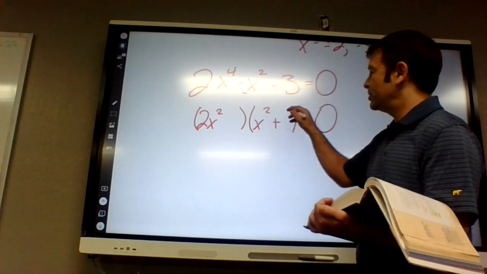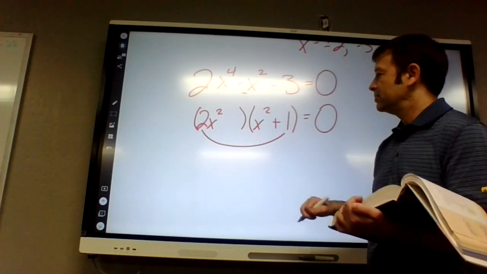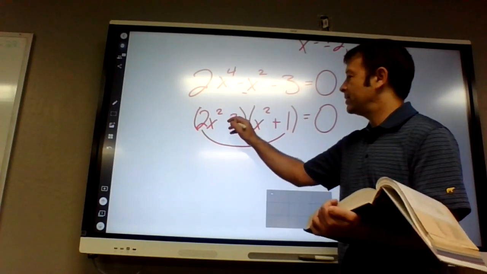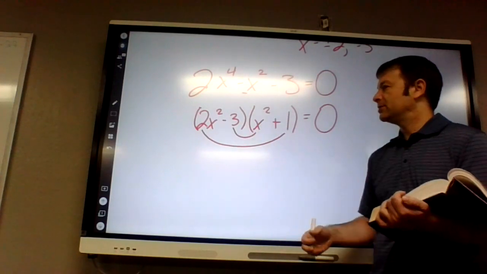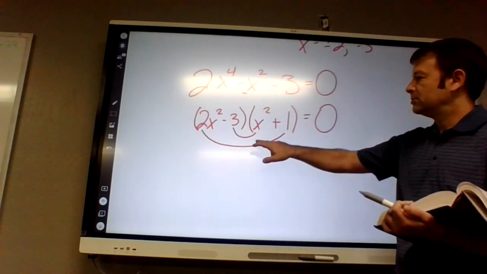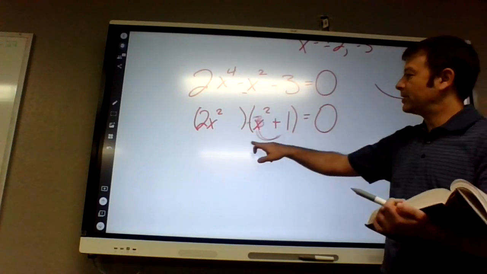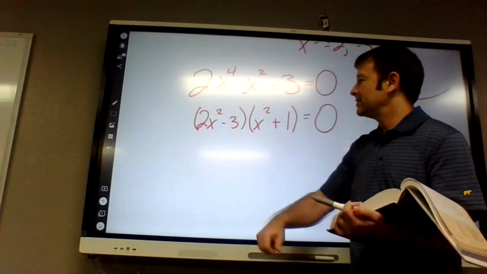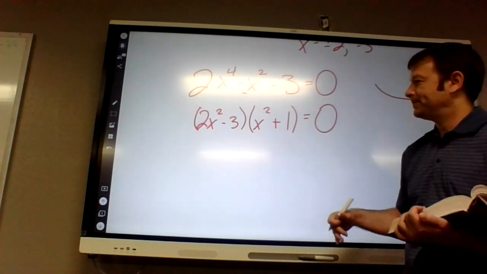So if I put the 1 here, that would make it 2. And if I put the negative 3 here, that would be negative 3. 2 minus 3 is negative 1. Okay. Anyways, now how can I figure out what x squared is? Or x is, I mean.